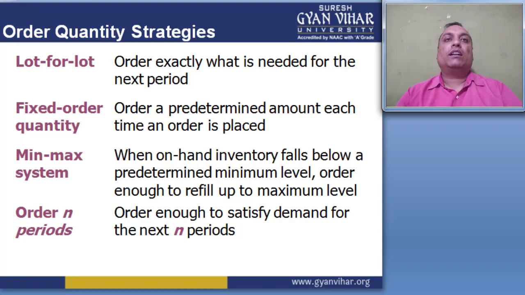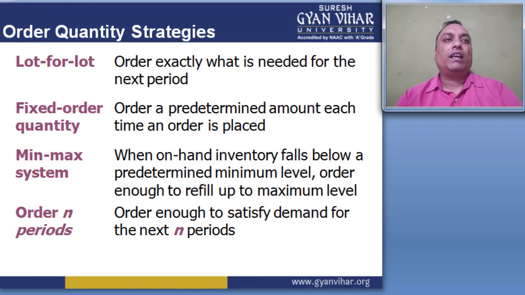The consumer delivers to you after 10 days 20 pieces of this item. So this is the fixed order quantity, and this is to order a predetermined amount each time an order is placed, right? And the third thing is the minimax system.